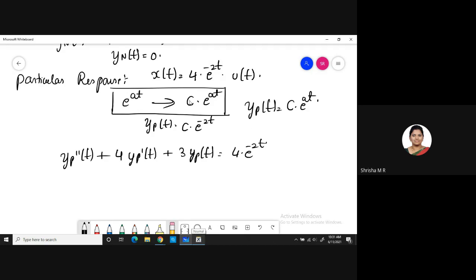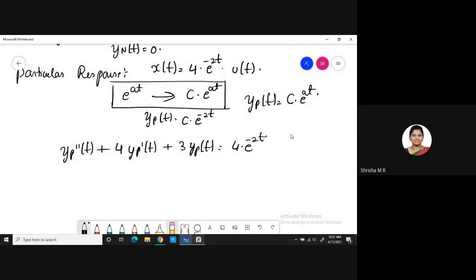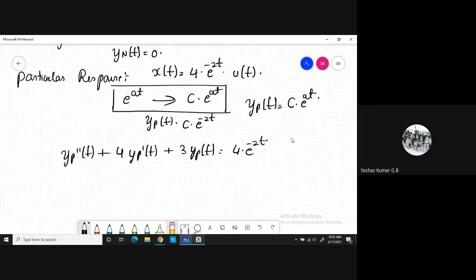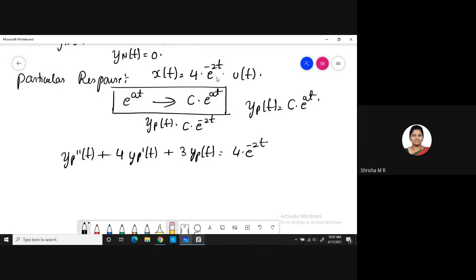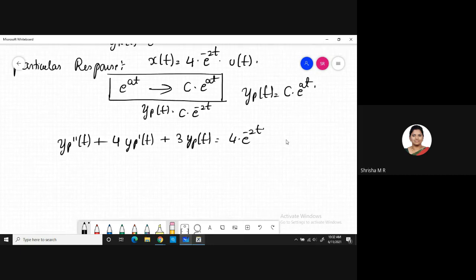Don't put 4 here. That constant you have to find. Got it? Input you consider only e power at. If you have e power at as input, the structure of the particular response will be some constant into e power at. That constant you have to find. Got it?